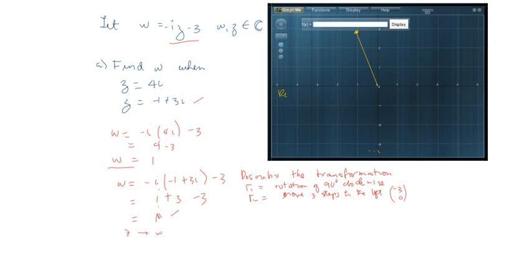So we have here negative 1 and 3. The reverse of that, going to the right side, we have 1 and 3 here.